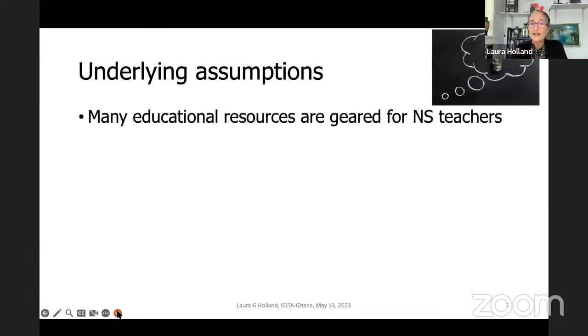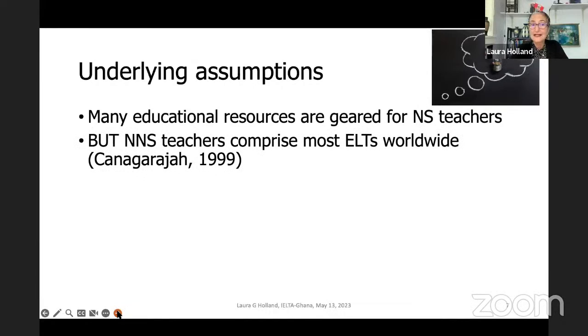Another challenge is that many of the educational resources are geared for native speaking teachers, right? However, that's a problem because, as Kanagaja said way back in 1999, non-native speakers already back then comprised most of the ELTs, English language teachers worldwide.